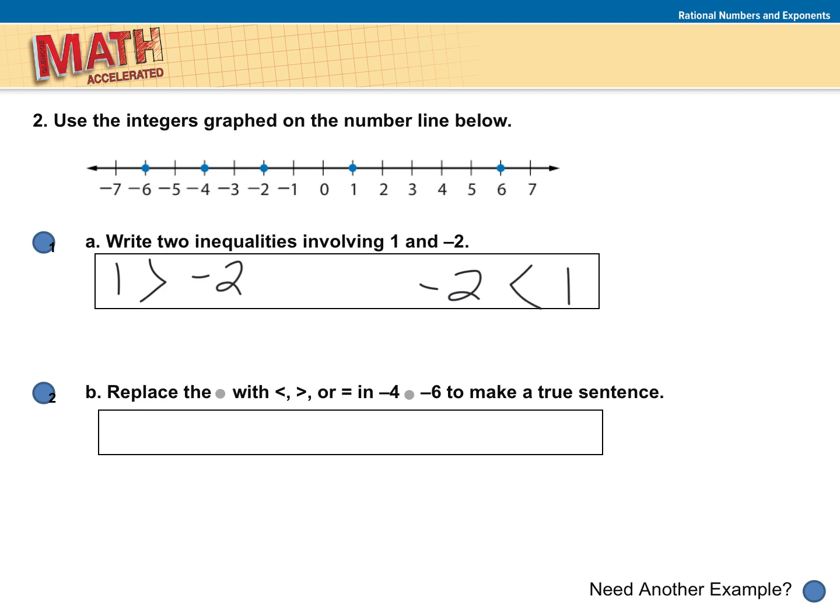Because negative 4 is closer to 0. It's more to the right on the number line. So which number should our alligator be eating, Cooper? Negative 4. What does that read? Negative 4 is greater than negative 6. Nice job.